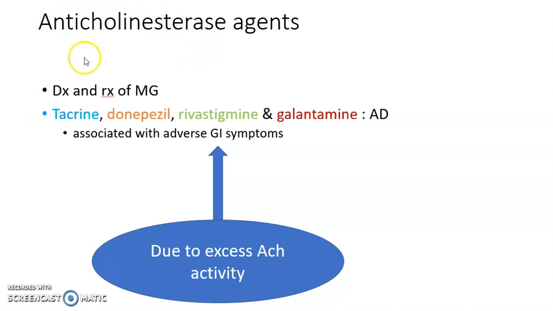So anticholinesterase agents can be used for the diagnosis and treatment of myasthenia gravis, and some of them can be used in the treatment of Alzheimer's disease. And drugs such as tacrine, donepezil, rivastigmine, galantamine are all drugs used to treat Alzheimer's disease.